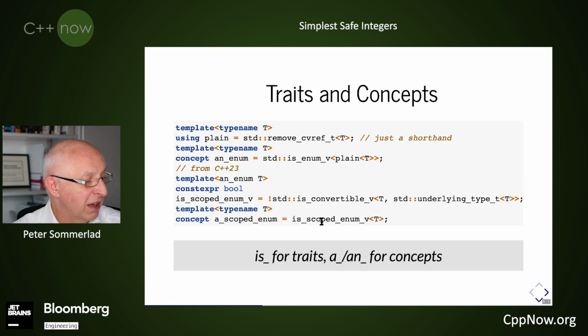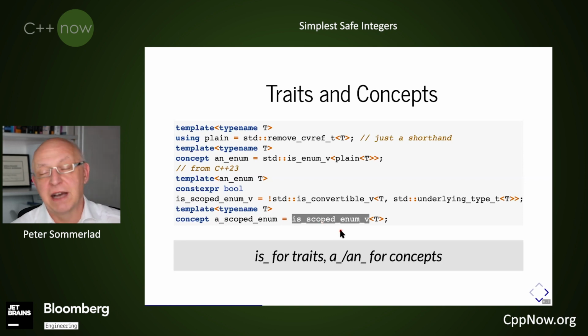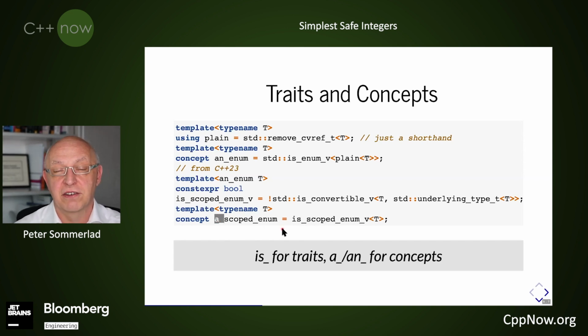And together with the is_scoped_enum, I usually use is_ underscore for traits, let's say constexpr bool variable traits, and I have started to use the prefix a_ or an_ to name the corresponding concept. This makes it easier for me to distinguish what is a concept and what is a trait, because they very often come together.